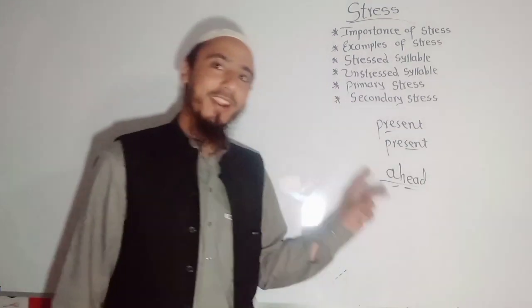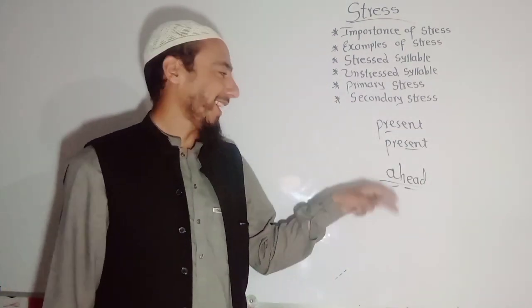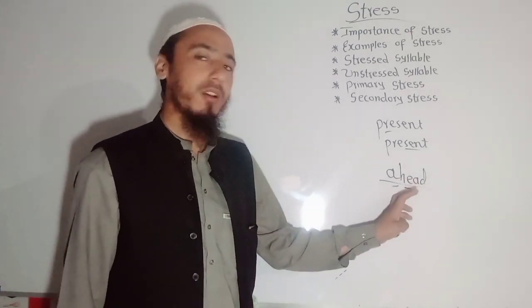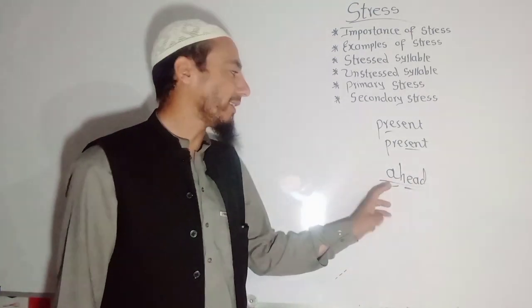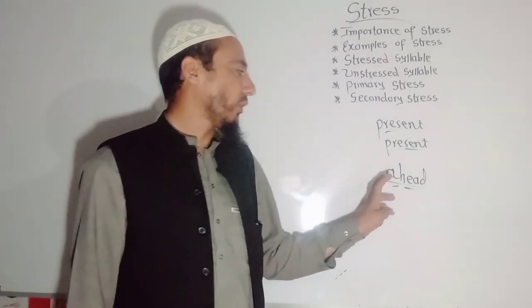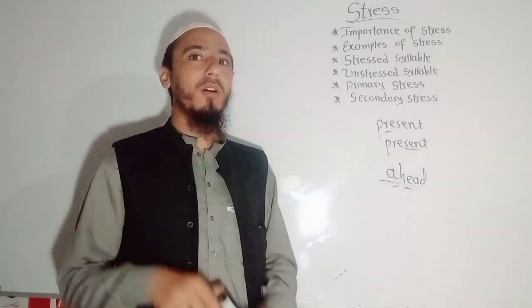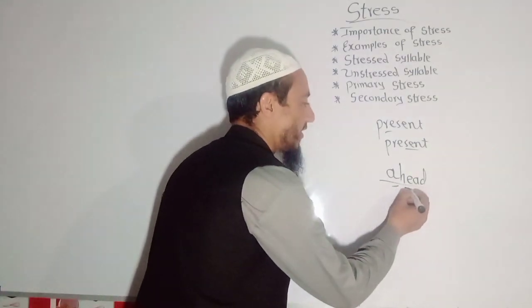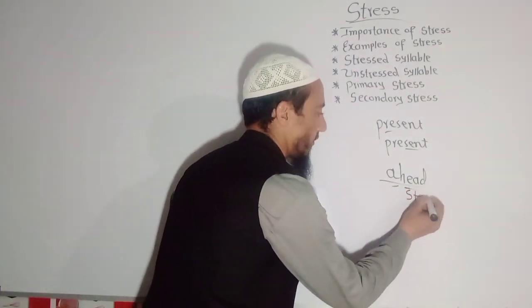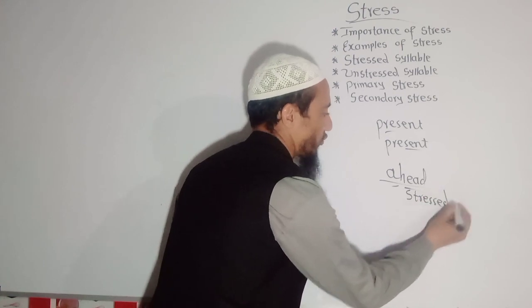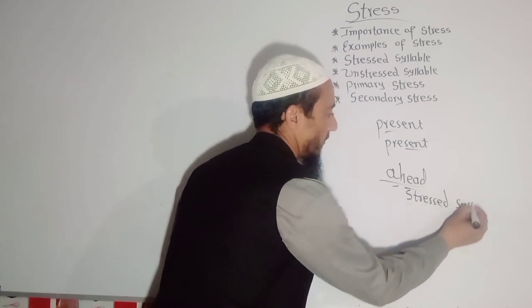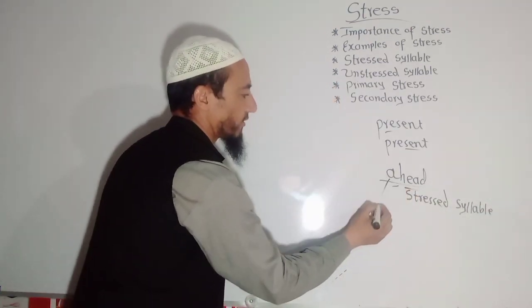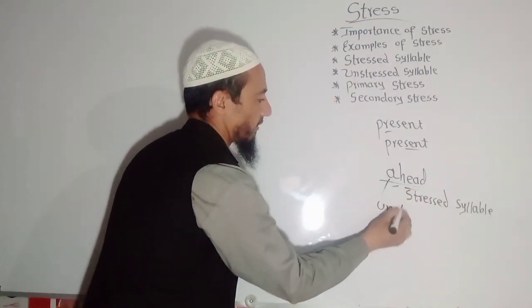So listeners and audience, in these two syllables, one syllable is stressed, which is head, and another is not stressed, that is a. So this one is known as a stressed syllable, and this one, which is a, is known as an unstressed syllable.